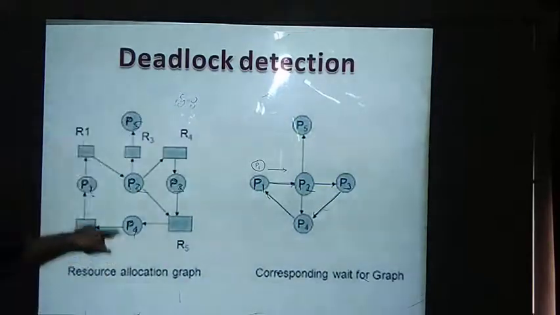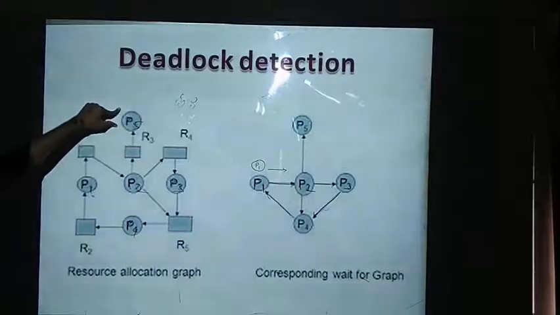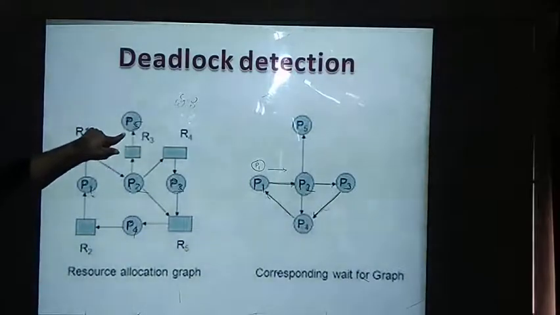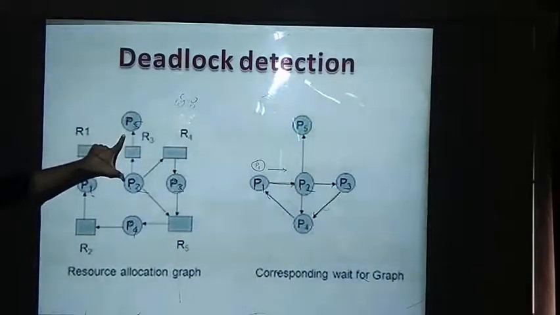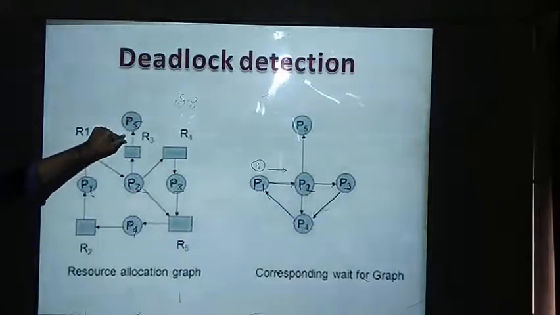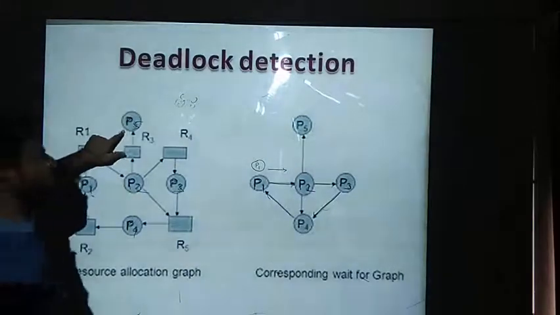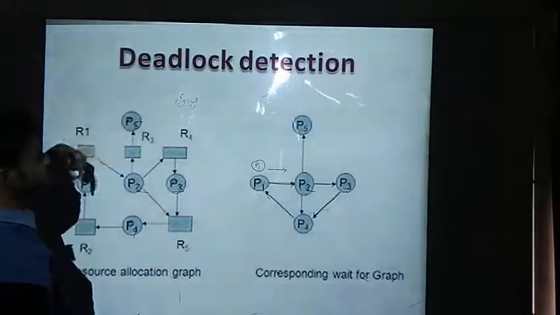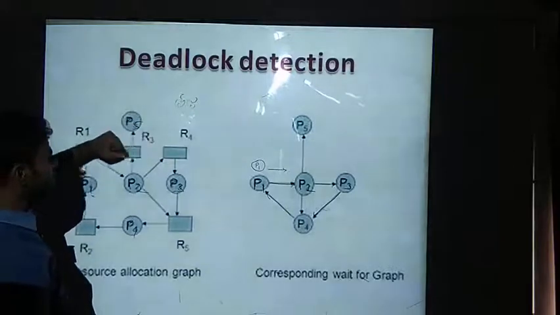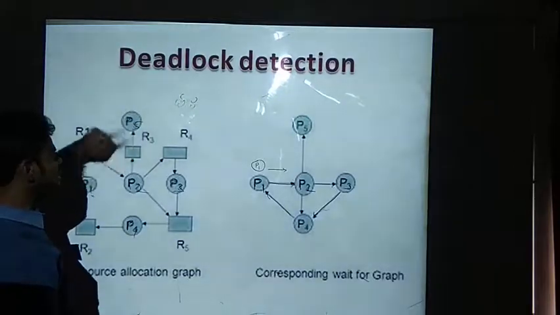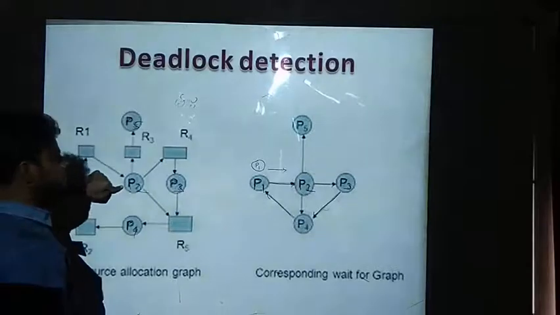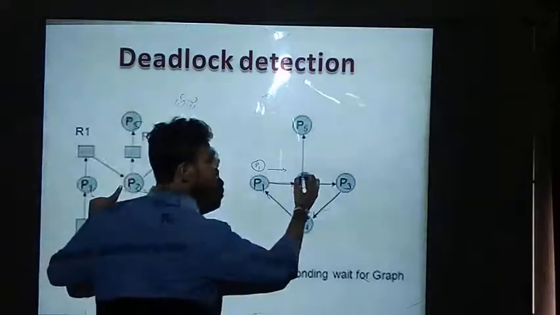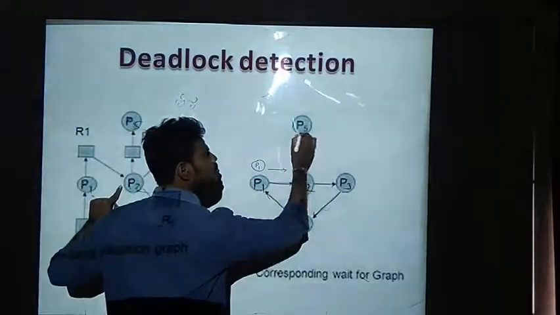Also you see P5 is a process which is already assigned R3, and P2 is also requesting it. If P5 executes itself, then R3 will be released and given to P2. So P2 is also waiting for P5.